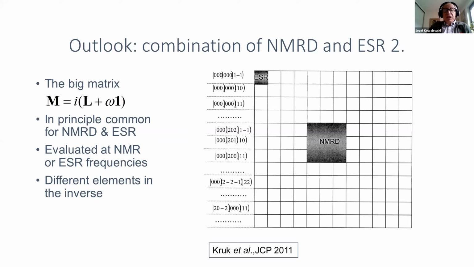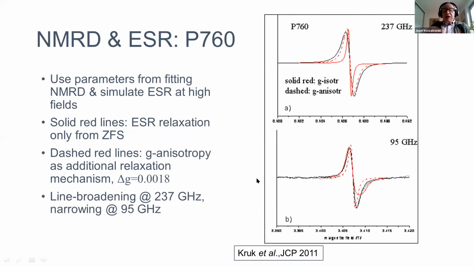Now, when we look at these 9 elements in the inverse of the big matrix, this little 3x3 matrix, we get information about NMRD. When we look at this little corner in the matrix, we get information about ESR. So it's very easy to give a consistent description of both these kinds of spectra. And we have done that.